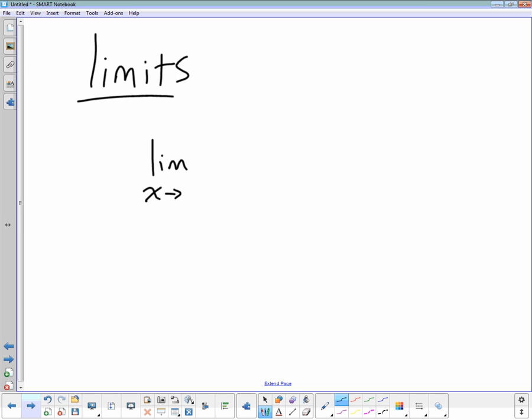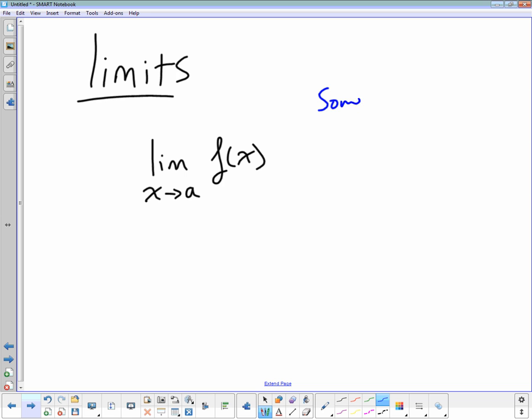Usually it's x, although it can be any variable. So this is saying the limit of a function as a variable approaches some constant.